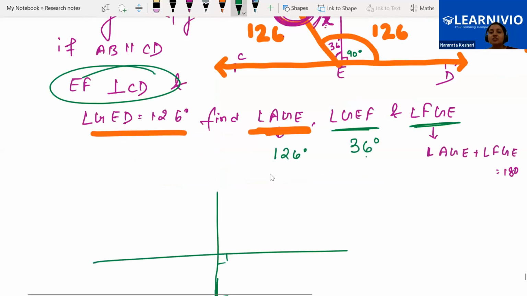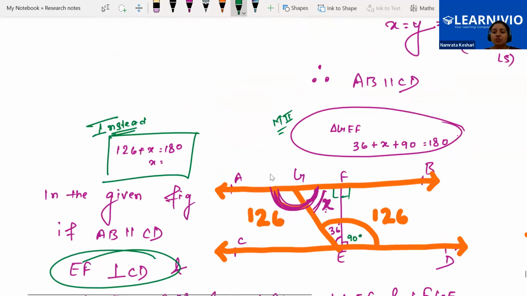Hence we can take F as 90 degrees, and focus on triangle GEF, where angle E is 36 degrees, F is 90 degrees, and angle G, this x, we will be able to find by the angle sum property of the triangle.